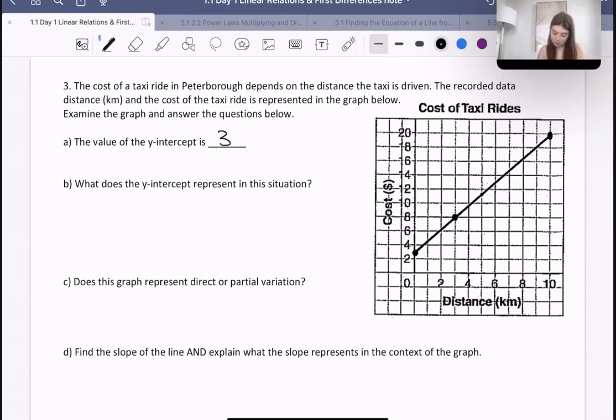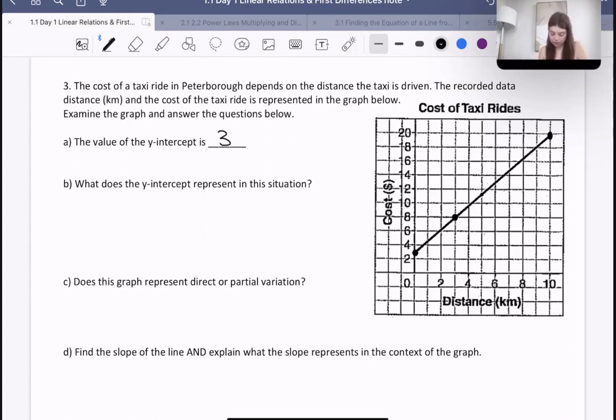What does the y-intercept represent in this situation? I would say it represents the cost without any distance being traveled, right? So when we haven't traveled at all, it's $3. So looks like there's a one-time $3 surcharge to ride a taxi at all. And then we just continue to ride it, right?